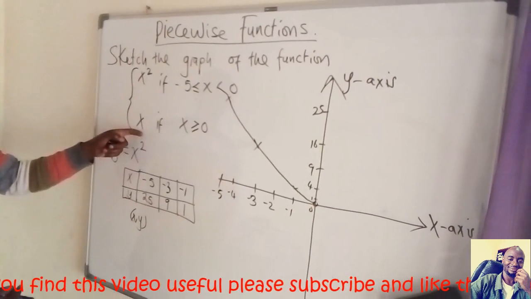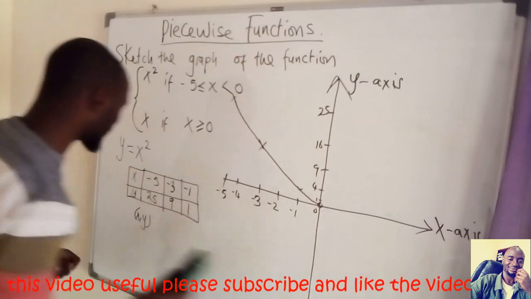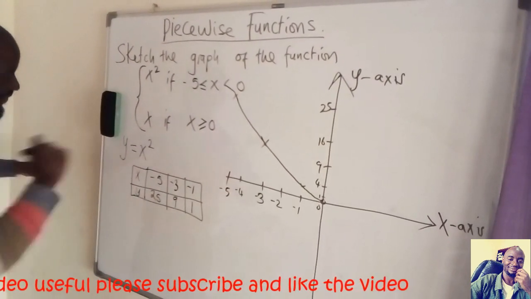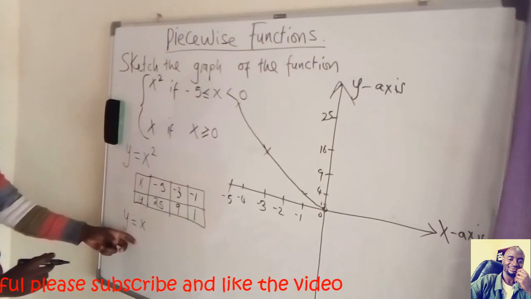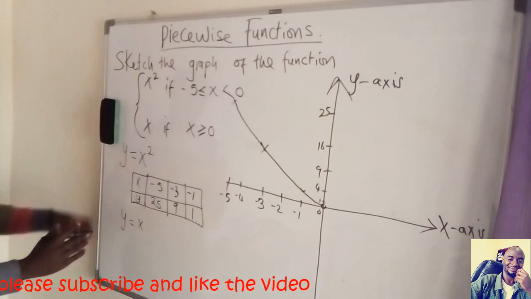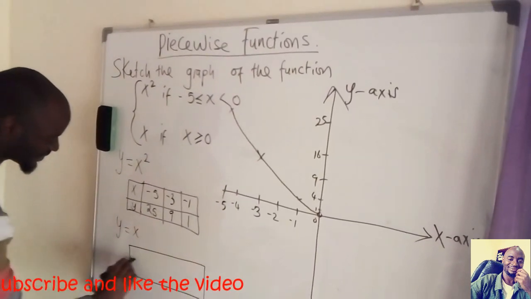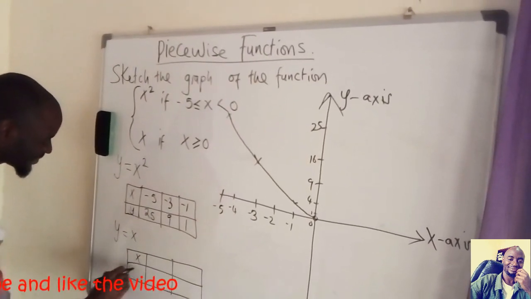So again, I'm going to plot this particular function. So now, this will be y is equal to x. Now, when you look at this, this is a linear equation. It's a straight line. So I just need a pair of two corresponding values, x, y.